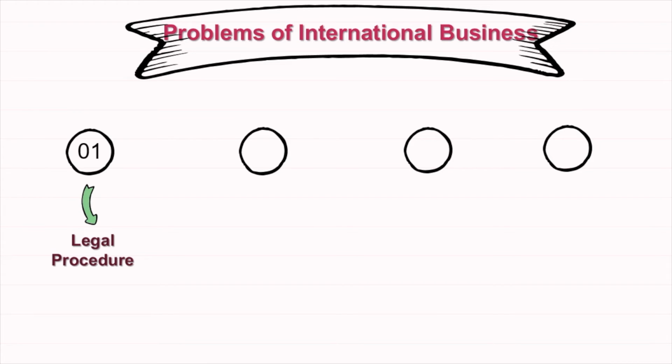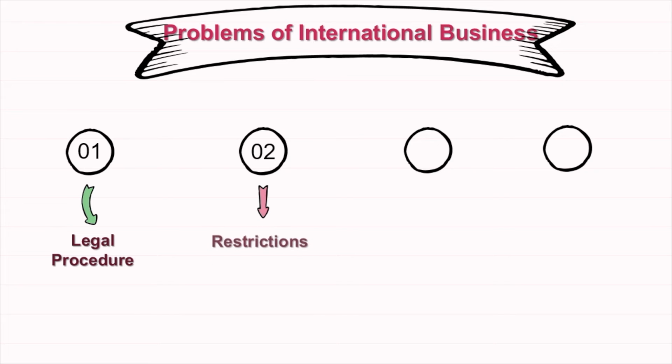Prior permission of the government has to be obtained before exporting or importing goods or services. One has to fill many documents, get customs clearance, conversion of rupee into foreign currency, booking of ship, etc. All these are time-consuming activities. That's why it is one of the disadvantages in international business, the legal procedure.